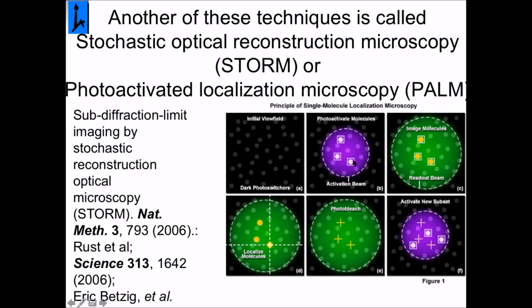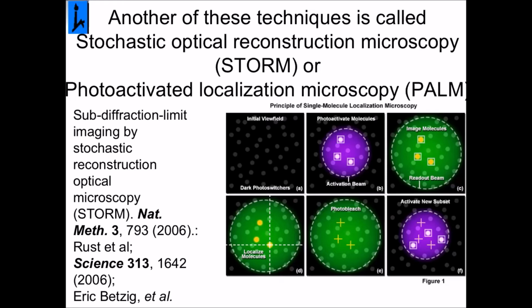You localize those molecules. What do I mean by that? I mean that you have a stage with a very good closed loop, and you look at the distribution of the emission of those 3 molecules which are far apart from one another, okay? And you see the distribution, and you see that there's a peak and there's a distribution, just like I showed you before when I was talking about resolution.